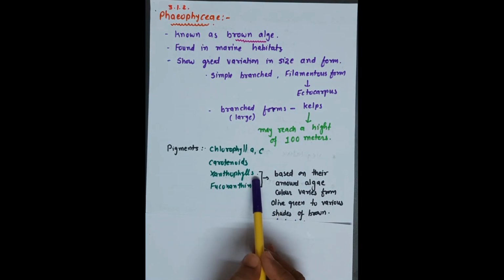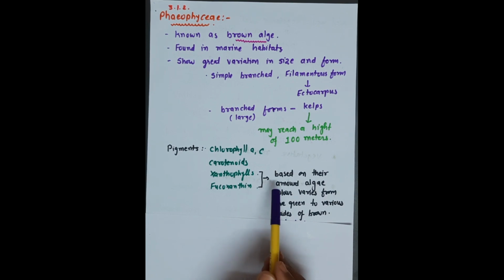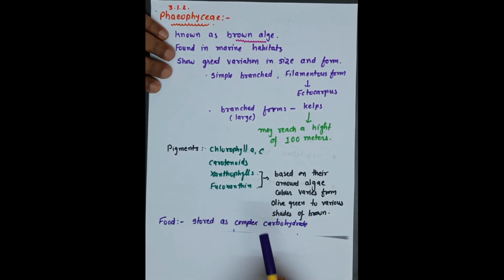Based on the amount of xanthophyll and fucoxanthin, the color of the algae varies from olive green to various shades of brown.